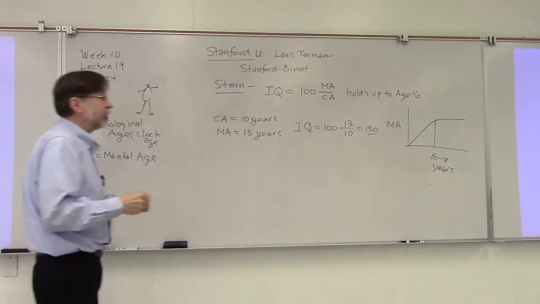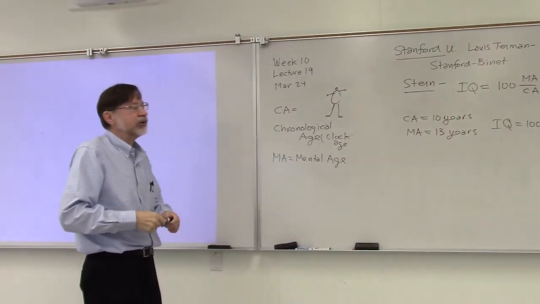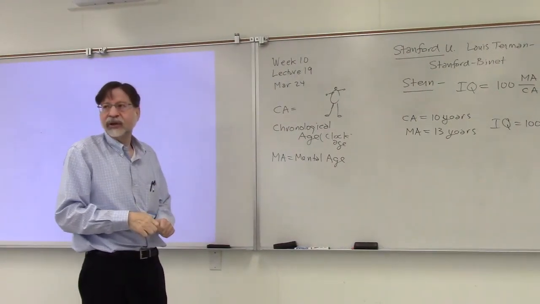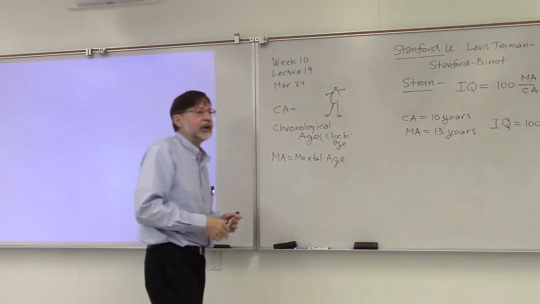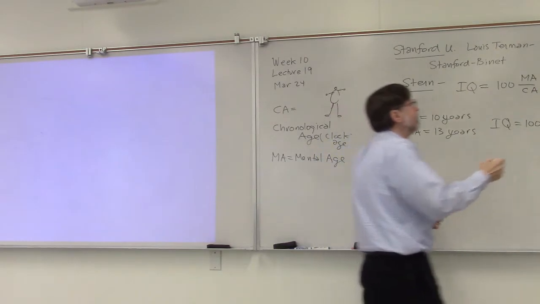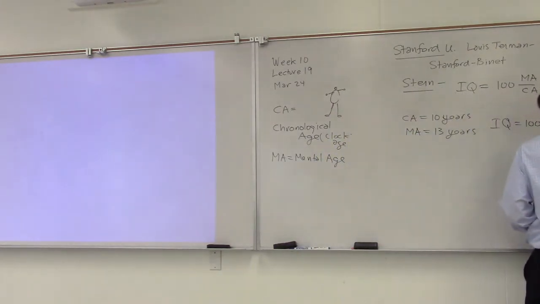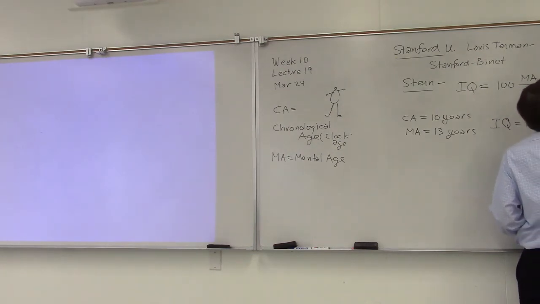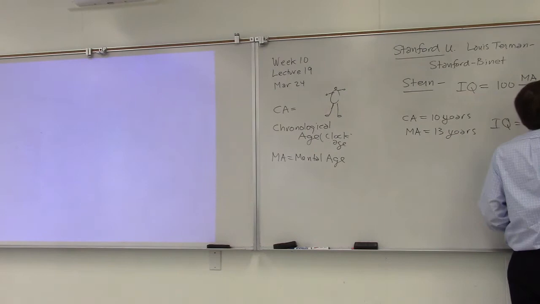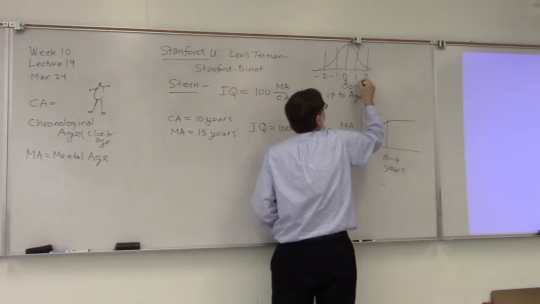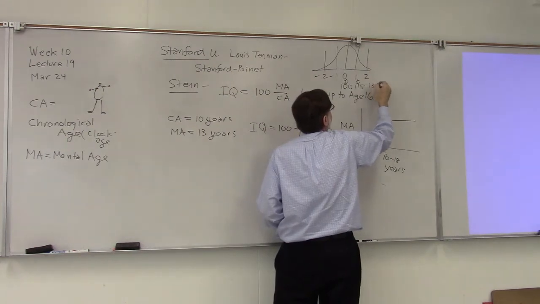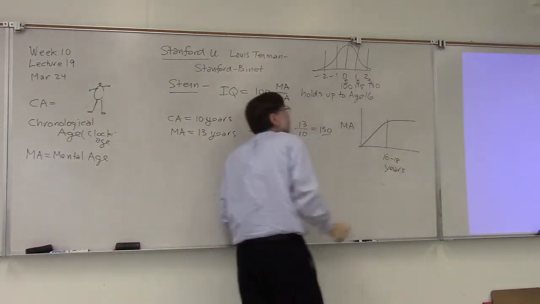So you now should be able to answer questions like this. What percent of 10-year-olds are 3 years ahead of the average kid? The answer is, you already know the IQ distribution. You've memorized the areas under the normal curve. We know 100 corresponds to a z-score of 0, 115 corresponds to a z-score of 1, 130 corresponds to a z-score of 2.